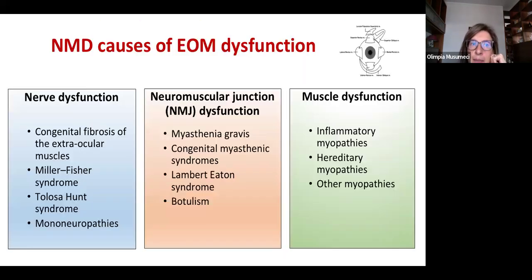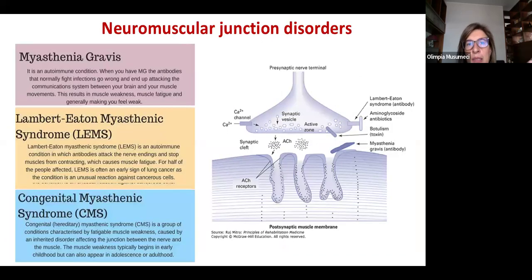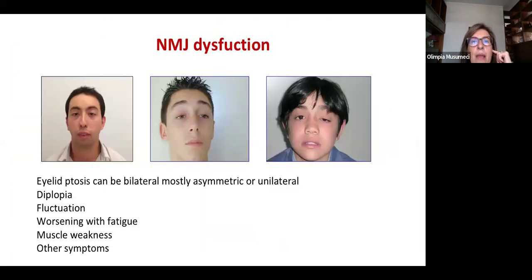Among neuromuscular disorders causing external ophthalmoplegia and dysfunction in eye movement, of course, we have to mention other conditions, in particular the neuromuscular junction disorders such as myasthenia gravis, the autoimmune disease, but also the Lambert-Eaton myasthenic syndrome and the congenital myasthenic syndrome.